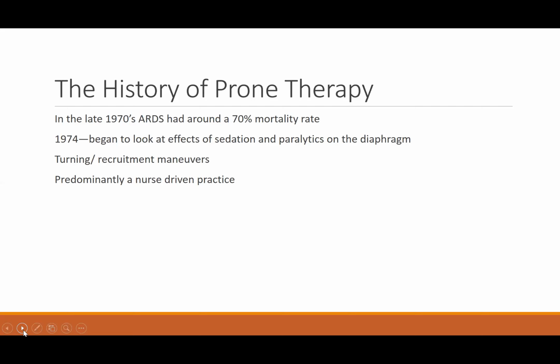And with prone therapy, historically the research has been led by anesthesiologists and pulmonary critical care. Nursing has really owned this, prone therapy being a nurse-driven practice historically. Now, in my current clinical practice, I don't see this as a nurse-driven practice. For the most part, I see it being physician-led and nursing carrying it out.